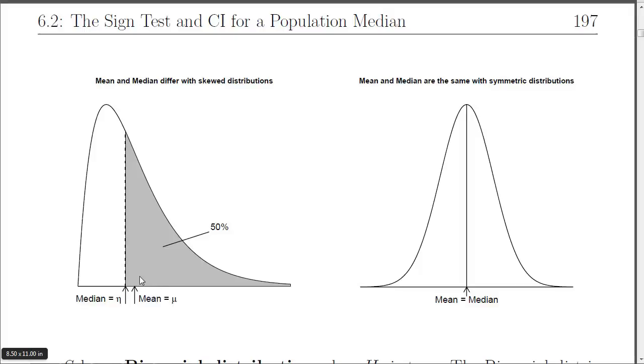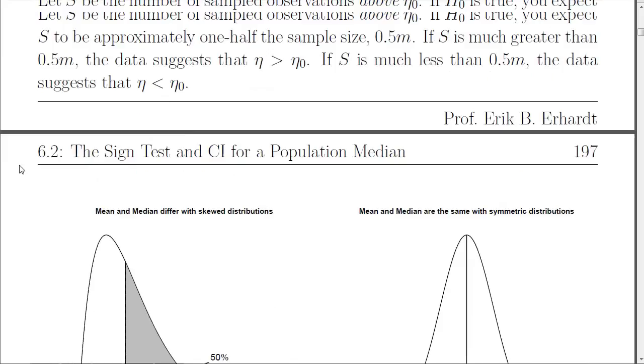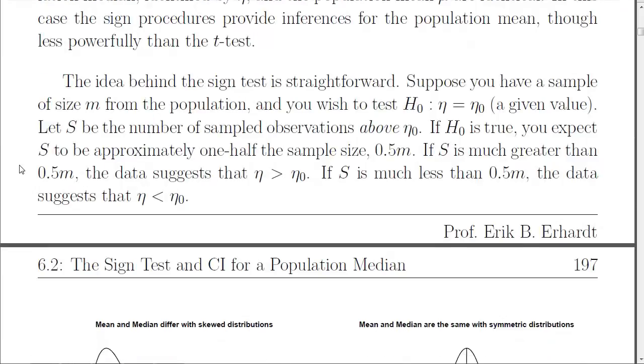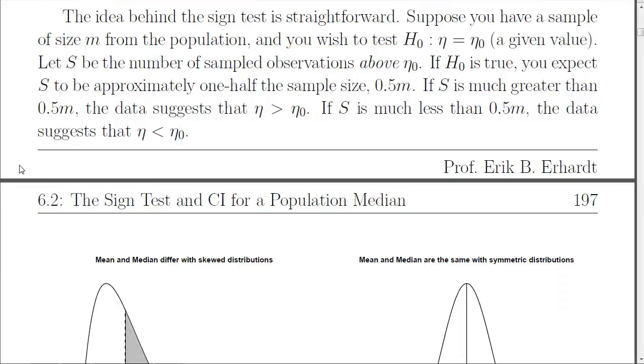So when we conduct inference on the median, it's that middle value that we're concerned with. And of course, lots of data follow this right skew distribution. Incomes, lengths of things in biology, or sizes, weights of things in biology. There's tons of things that follow this right skew distribution. So this ends up being a method that can be used in many situations.